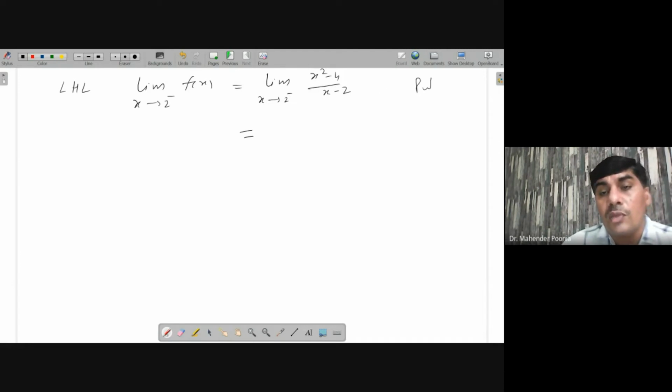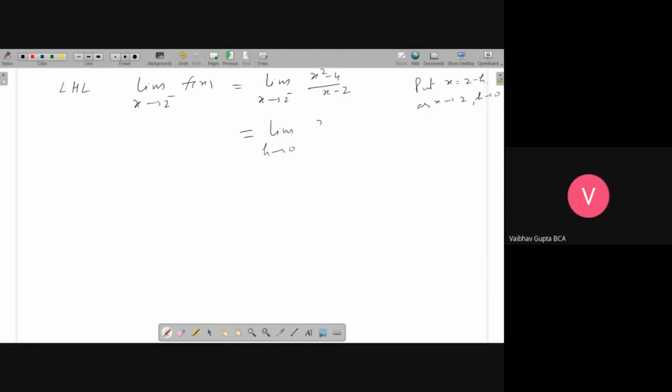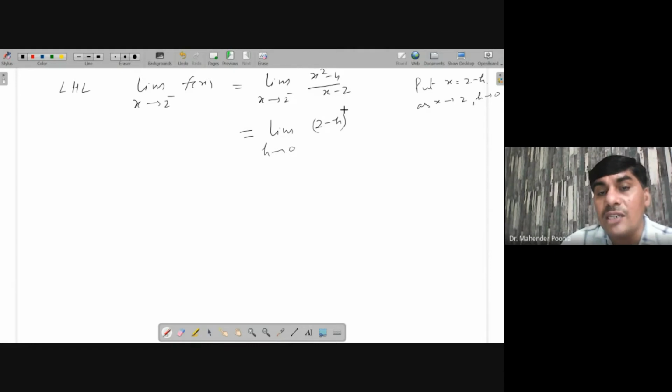Put x is equal to 2 minus h. As x tends to 2, h tends to 0. This implies the limit becomes limit h tends to 0, (2 minus h) square minus 4 divided by 2 minus h minus 2, right?